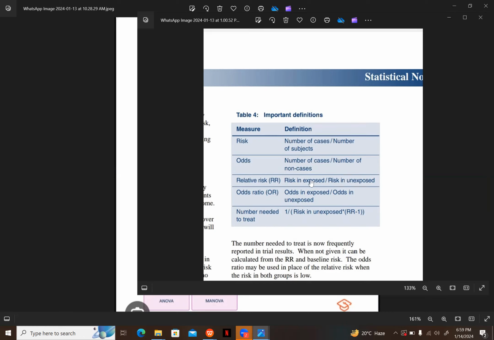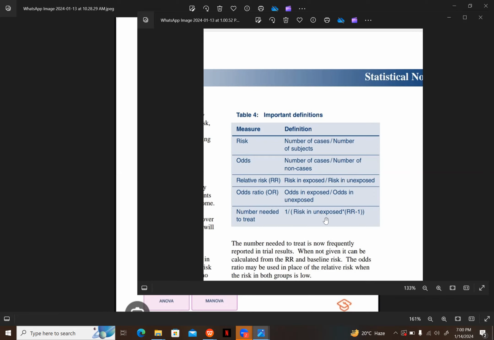Relative risk is risk in exposed divided by risk in unexposed. Odds ratio is odds in exposed by odds in unexposed, as I have shown you with the example. Number needed to treat is 1 divided by the risk difference.